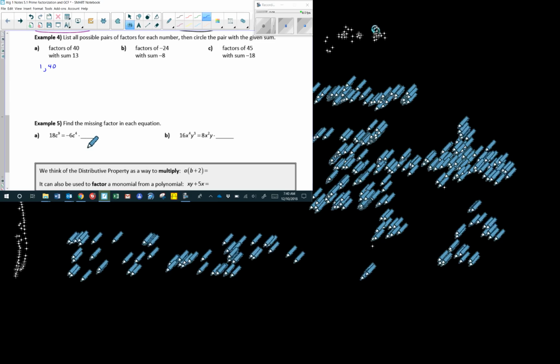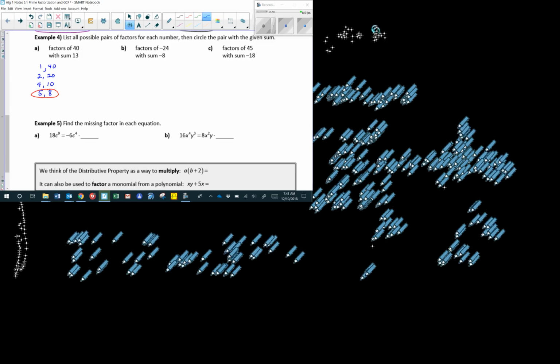It's always easiest to start with 1 and the number, and then 2 and 20. 3 doesn't divide into 40. 4 goes in 10 times. 5 goes in 8 times. 6 doesn't go into 40, neither does 7. Since we've already listed 8, we're done with our factor list. Now we're going to circle the one that has a sum or adds up to 13. That would be 5 and 8.